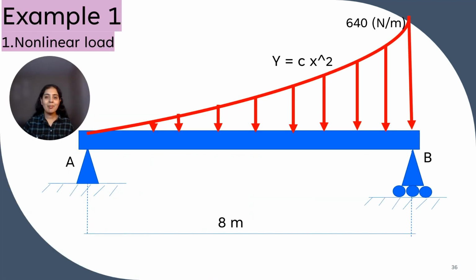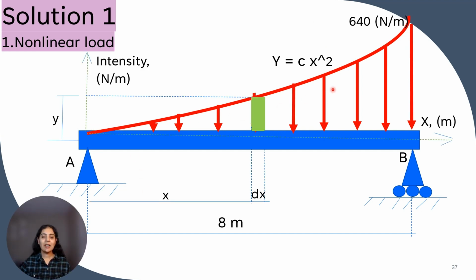This is a simply supported beam with a non-linear load of equation y is equal to cx square acting along the full length of the beam. So let's solve it.